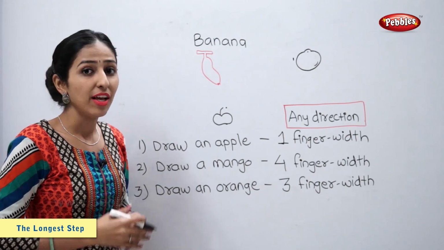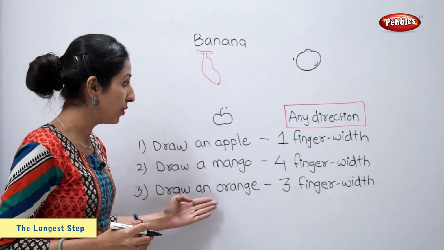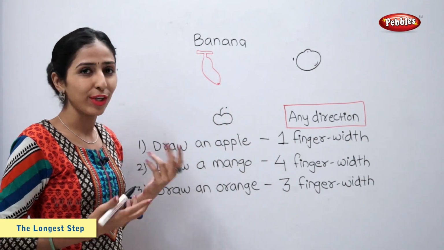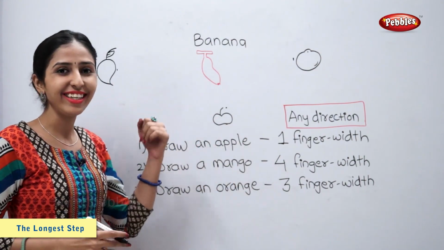So students, we have drawn these fruits in any direction using the given measurement. Students, please note the distances that I have shown in this chapter using finger width, hand span, etc. are only approximate distances.